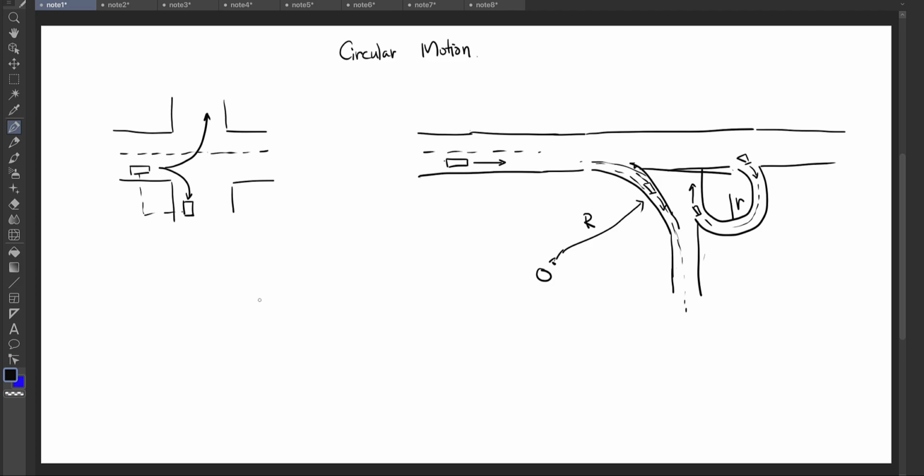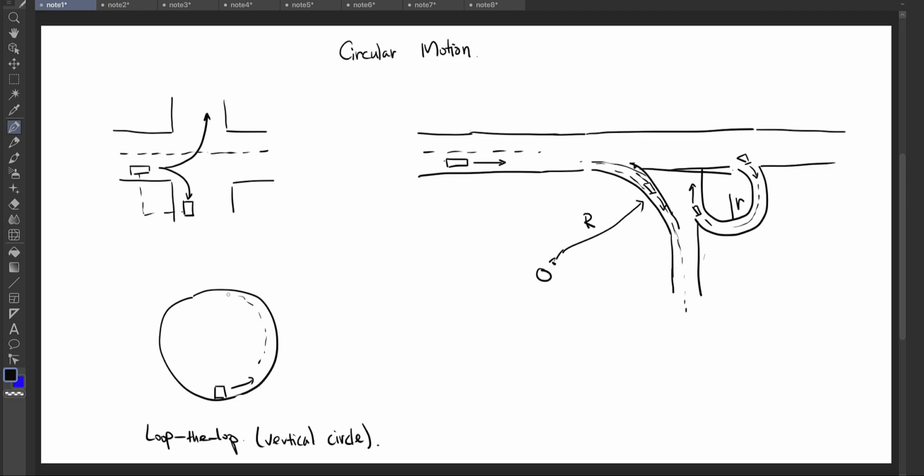Now for others, maybe it's purely in physics. So there's this loop-the-loop problem. Let's say that's an object sliding up in this vertical circle, going up like that, and then the car will go up to the top and maybe continue going.